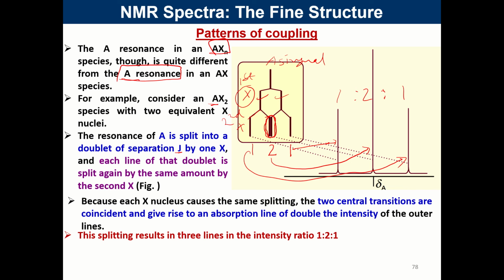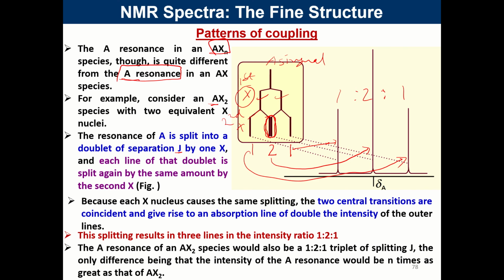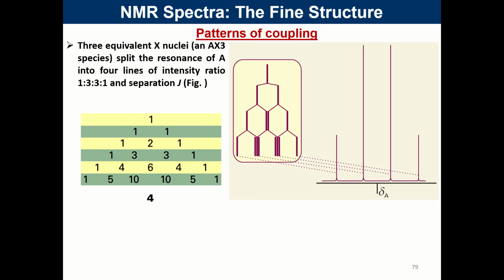They add up, and you get an increased signal in the middle, giving you 1 to 2 to 1. So this is the triplet signal that will be obtained, and in this way you can go on building.